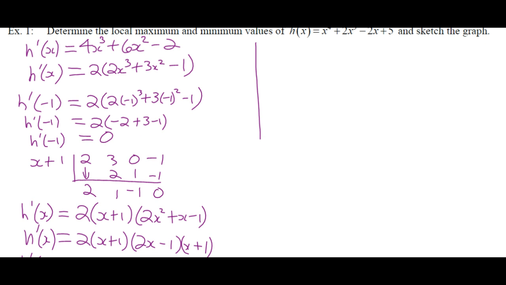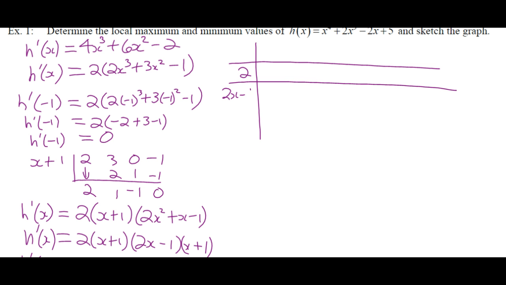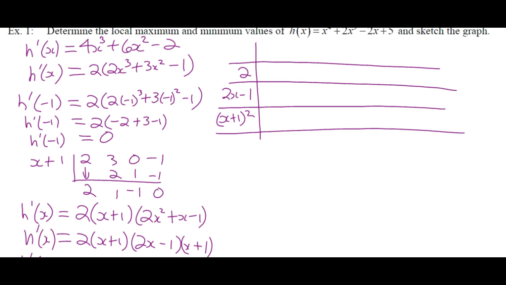So we list the factors. We've got a 2, we've got a 2x minus 1, and we've got an x plus 1 squared. And that'll give us h prime of x. And then h of x. And what did we say they were? Negative 1 and 1/2?